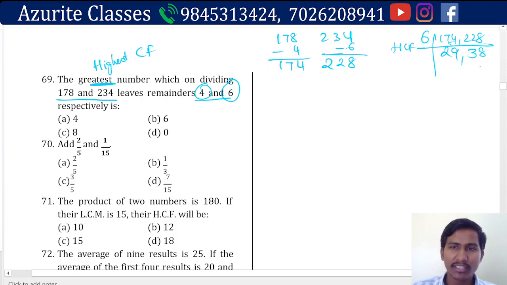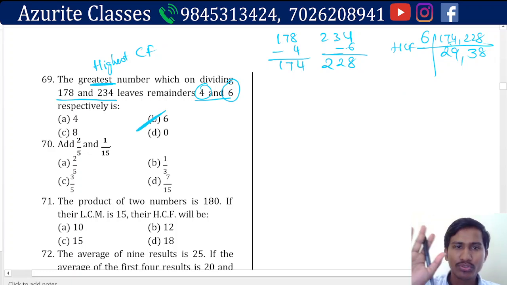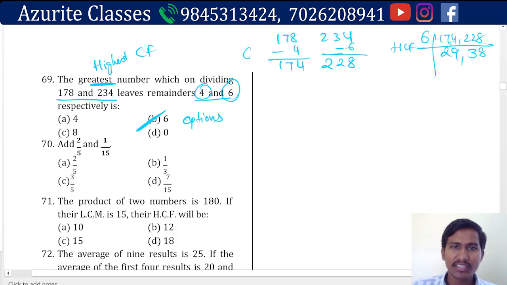The quotients 29 and 38 do not come in any common table, so 6 will be the HCF, option B. Or you can go with the options and check. So this is question 69.